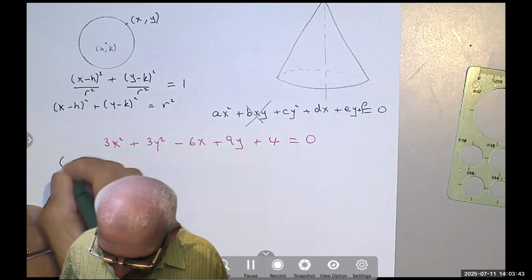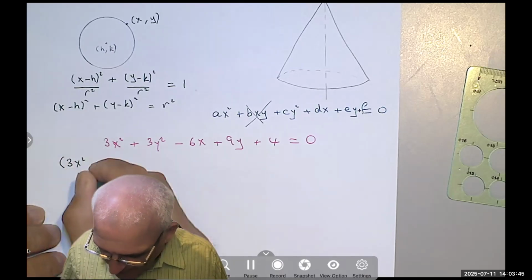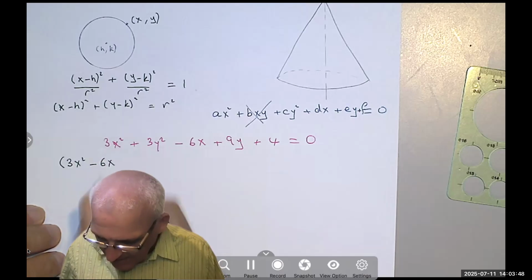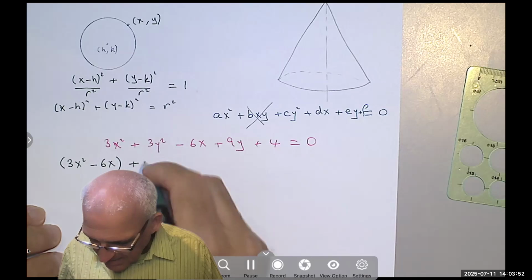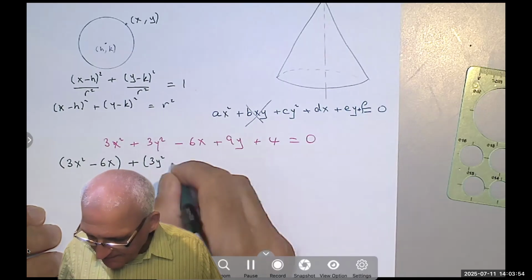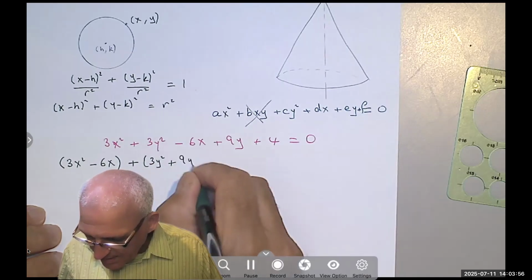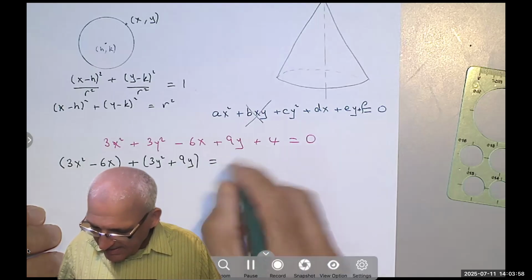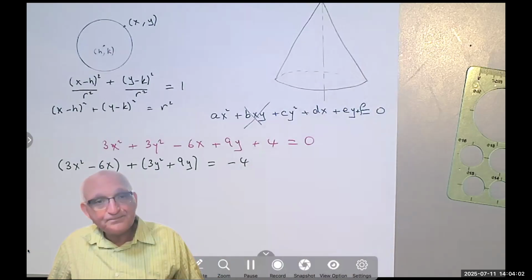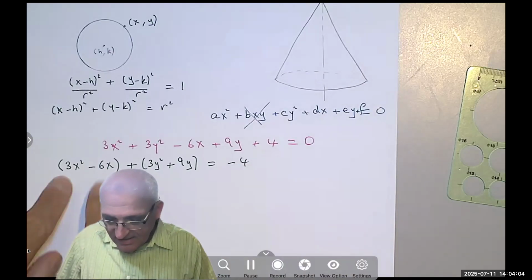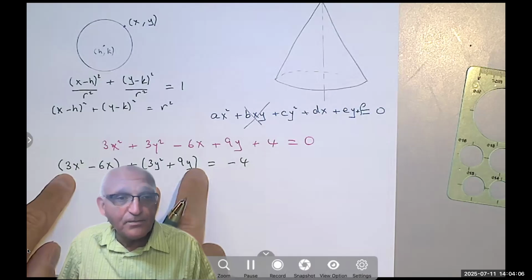So maybe the first step, I'm going to say 3x squared minus 6x. And then I'm going to close the parentheses and say plus 3y squared plus 9y equals, and then I'm going to move the 4 to the other side, so I say -4. And then I see that I can factor 3 from both equations.